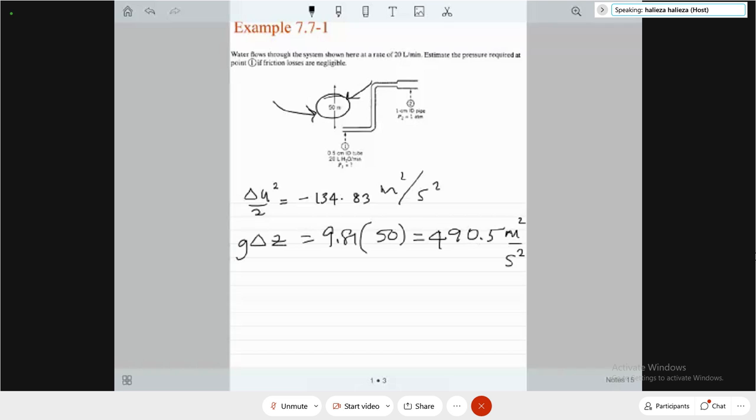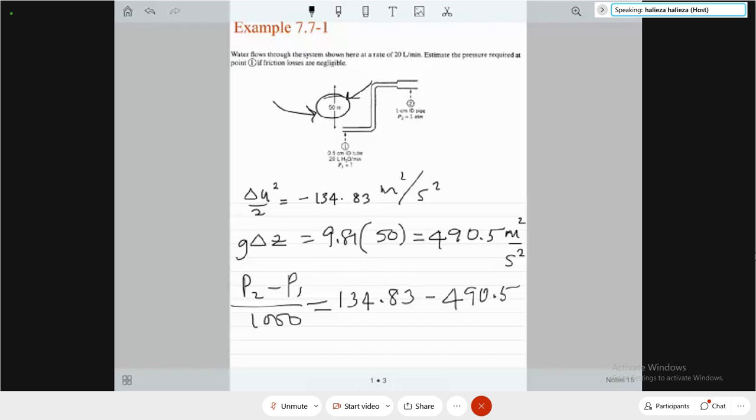calculation for the pressure drop, it is equals to P2 minus P1 divide by 1,000. That will be 134.83. For this example, we have minus 490.5 because of the higher height.